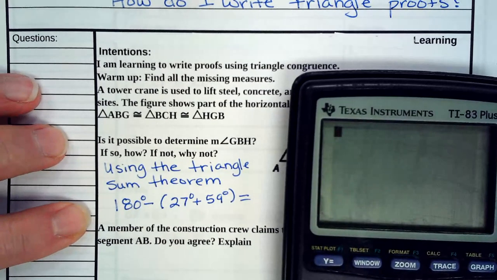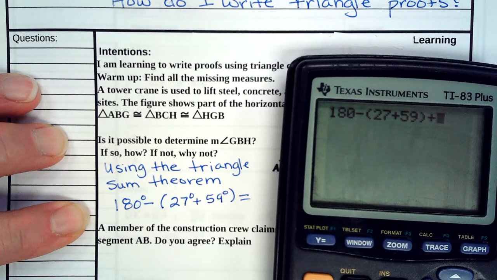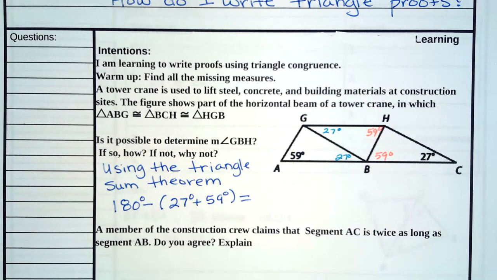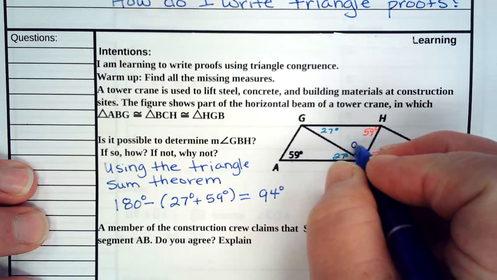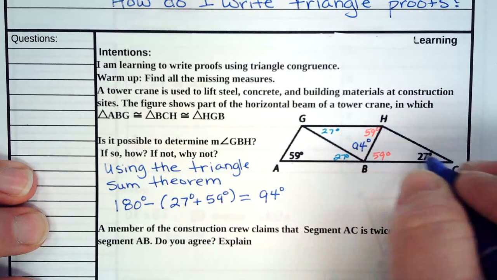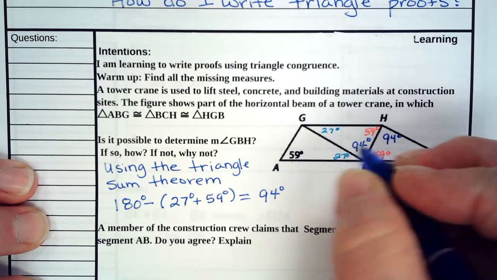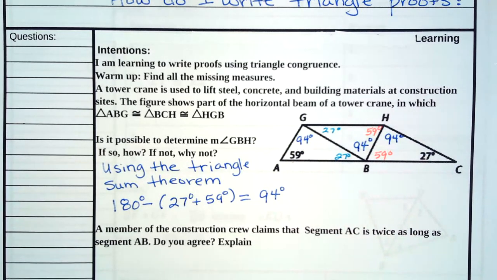So as I'm looking at this, 180 minus parentheses, 27 plus 59 parentheses. Whoops, I added a plus. It is 94 degrees. So the remaining angles are all 94 degrees because you've got three congruent triangles.